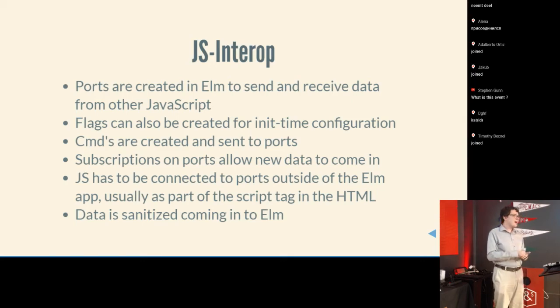You subscribe on those other receiving ports to allow new data to come in, the same way that you subscribe to WebSocket to receive data from the server. The JavaScript has to be connected to those ports outside of the Elm app, usually in the script tag in the HTML file. The data is sanitized when coming into Elm.